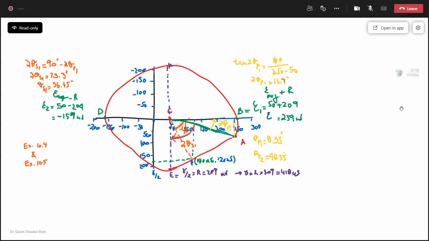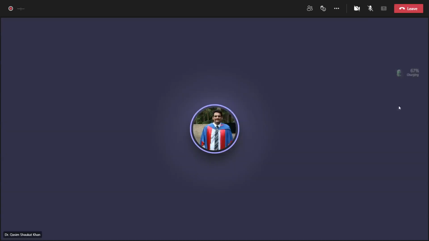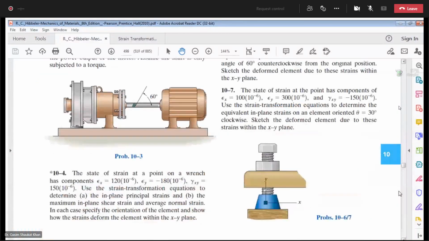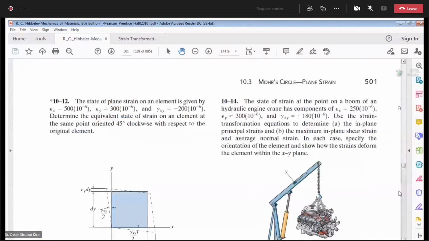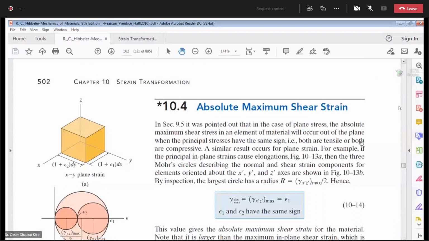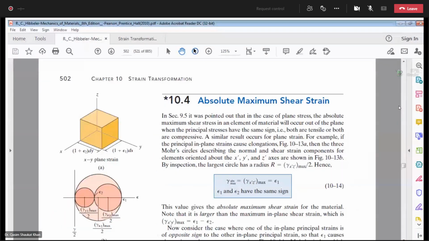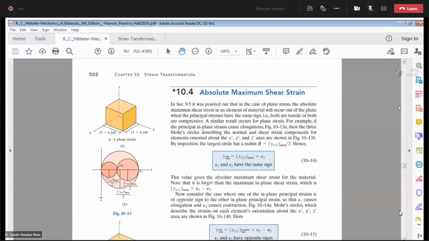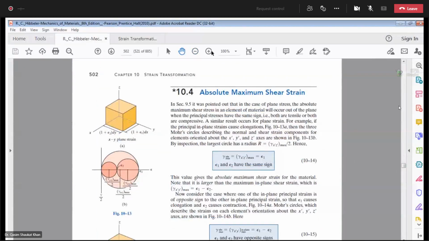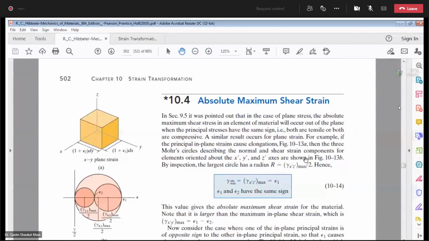Now let's move to the absolute shear strain. You can see here in the book, because we have already studied it, they give just very little explanation, but I will draw the figures individually if you require.